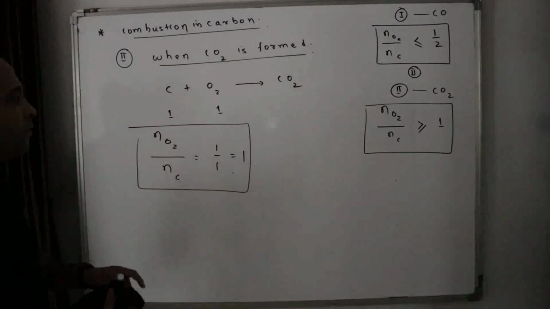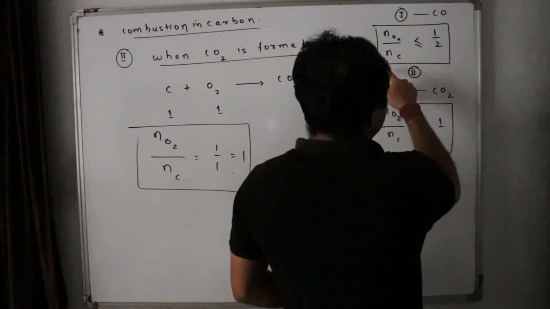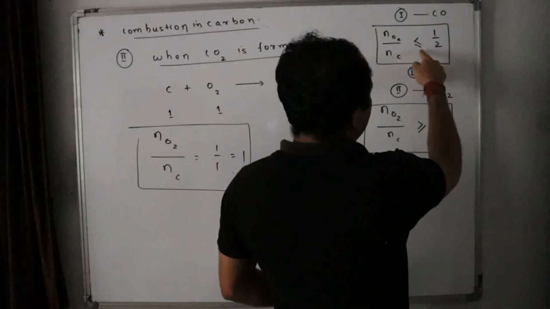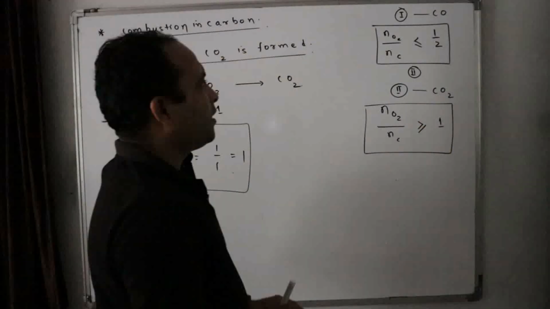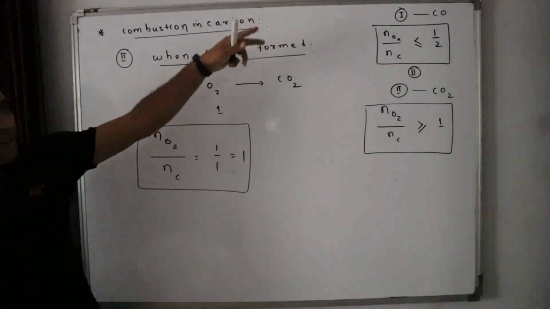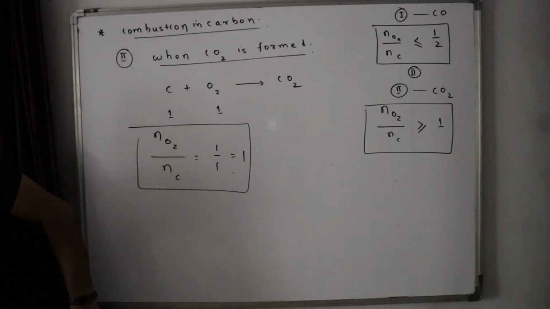Now let us go for the third case. Do you find one thing? This is less than or equal to 1 by 2. This is greater than or equal to 1. Then we are getting carbon monoxide and carbon dioxide. What else if it is in between them?